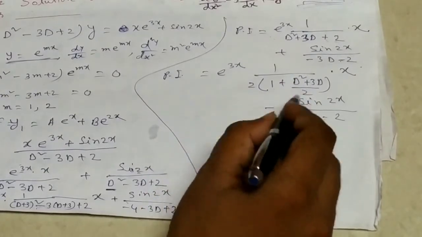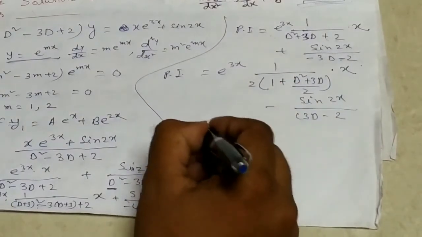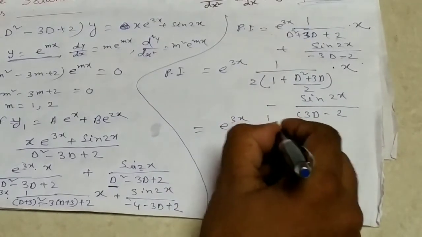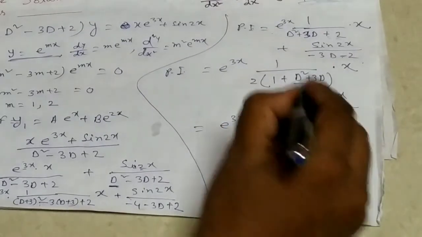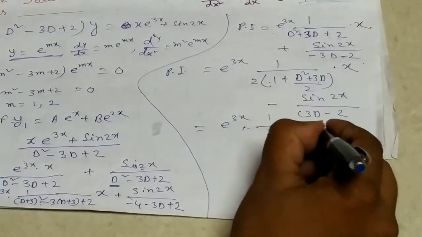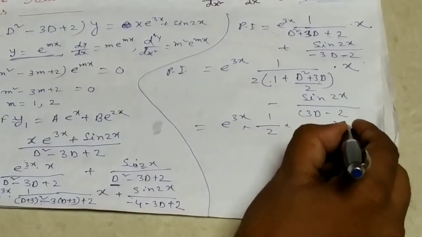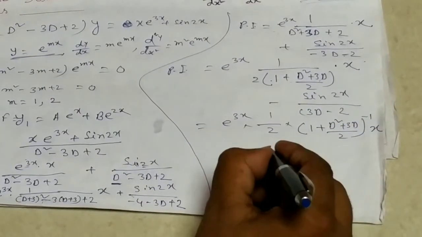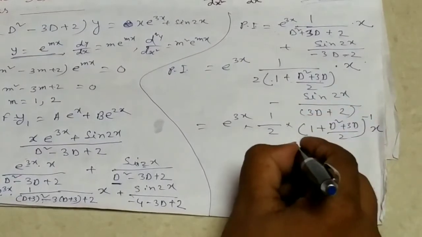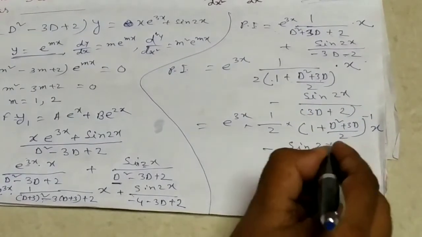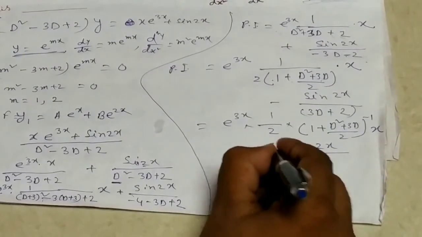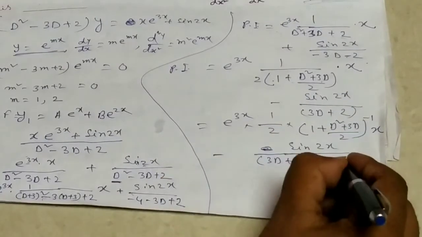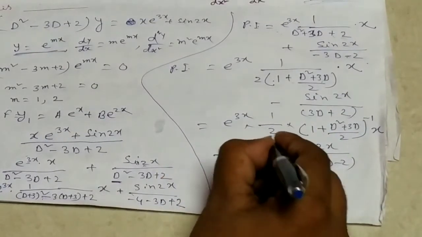Now we know the binomial expansion. We can multiply by (3D - 2) in numerator and denominator.